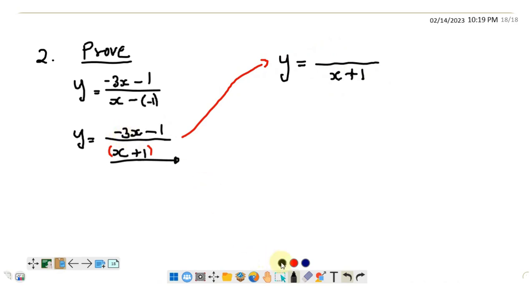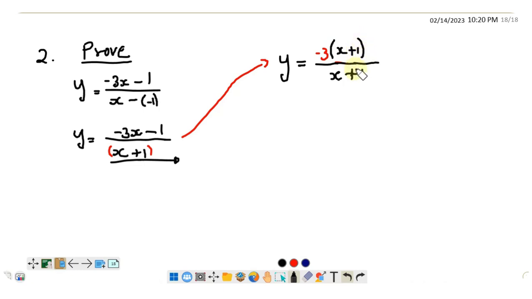We had negative 3, I will take negative 3 outside, open bracket, then instead of writing x, I write x plus 1.